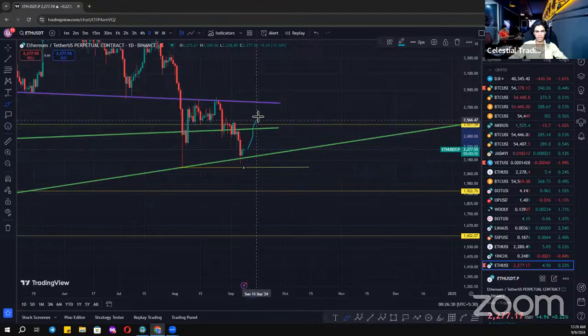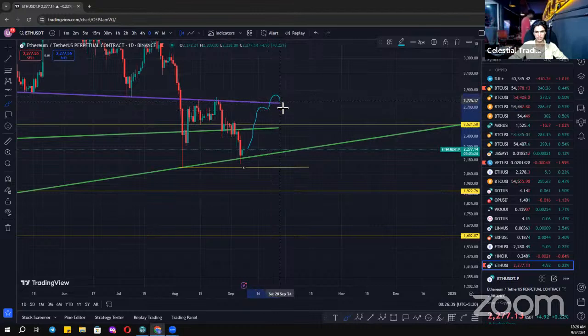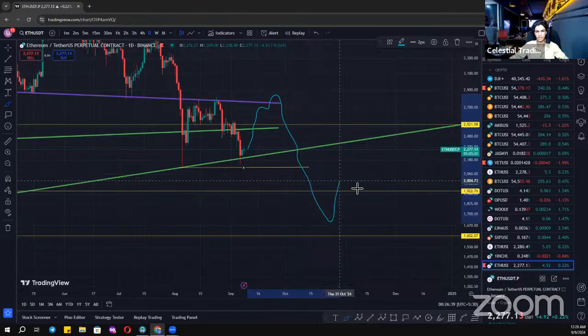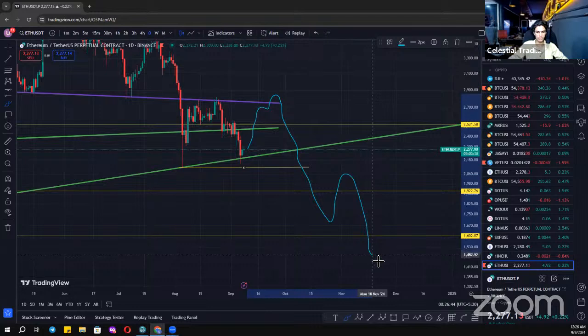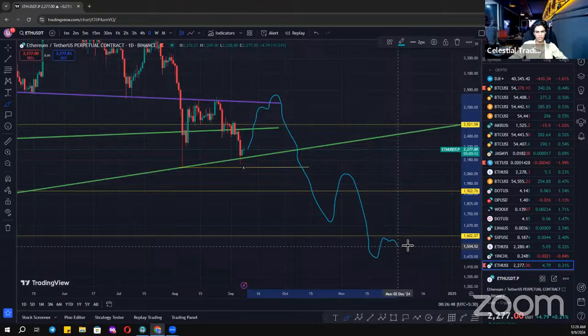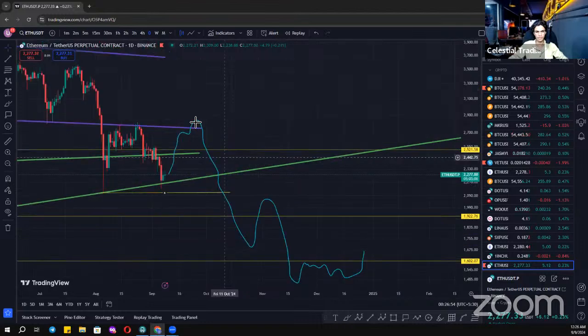We expect the market to go higher and higher and take the liquidities at these trend lines, and then we can expect the market to go down and break this trend line, and break this also, and give us a nice retest or a range, whatever it is, and we can look for a very big pump.